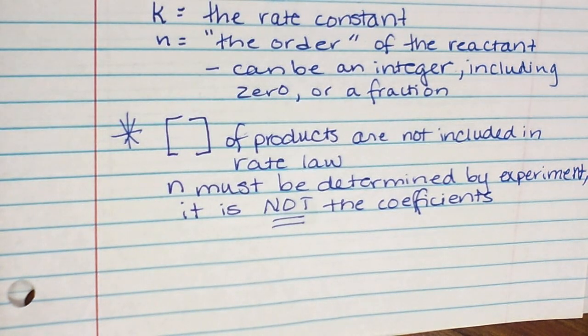And on the AP exam, I want to be clear, you will be determining these coefficients from experimental data. It is part of what I am teaching you to do. That is part of the free response questions on the AP exam. There's only like 3 things you do with rates on the AP exam, and that is one of them.